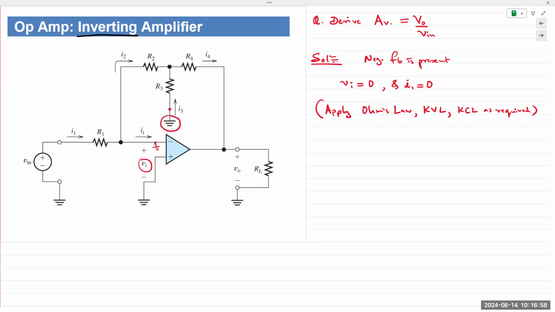Now, when I say ground, it's simply a common terminal. It could be a floating ground, meaning the circuit is not physically connected to a physical ground connection. If you're running an op-amp circuit off of a battery, then there is no actual physical ground present in the circuit.